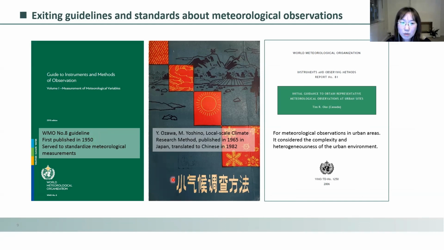And here's a book from two Japanese meteorologists. They published this book and introduced their experience in instrument use, data collection, and the related field method. And Oke has developed a guidance. In this guidance, he tries to tell people how to set up a climate station in a complex urban environment.